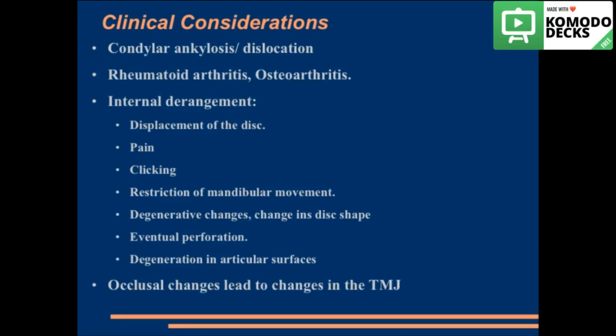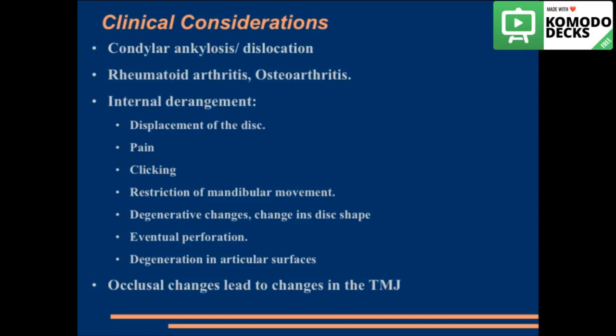In internal derangement of the disc, there would be a displacement of the disc anterior to the condyle, and here we would have no reduction, or we would have a clicking sound of the joint. Here it would be disc displacement to the posterior position in relation to the condyle. Here we would have a displacement with reduction. Myofascial pain dysfunction syndrome causes severe pain in the TMJ and muscle tenderness, and can be associated with TMJ sounds.